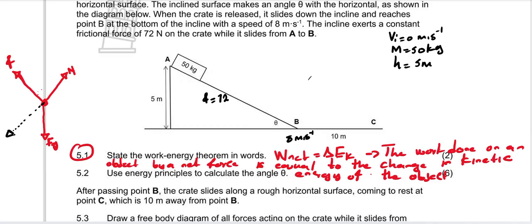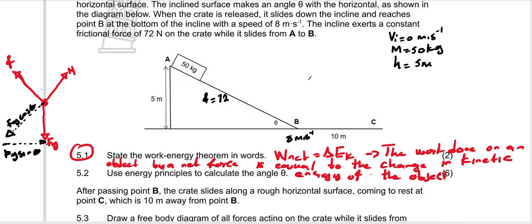Here it will be FG cos theta. And then it will move like this. And then here it will be FG sine theta. Do you get me?